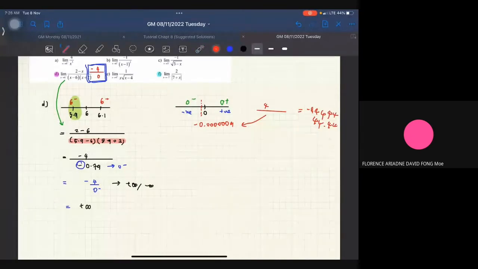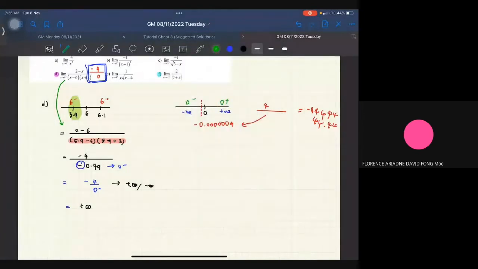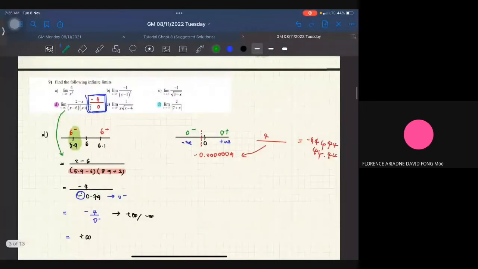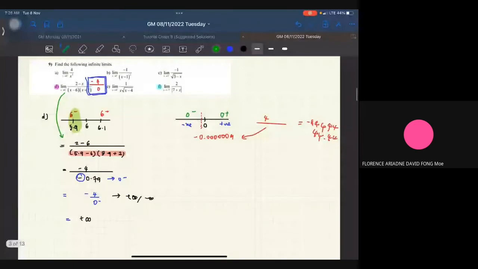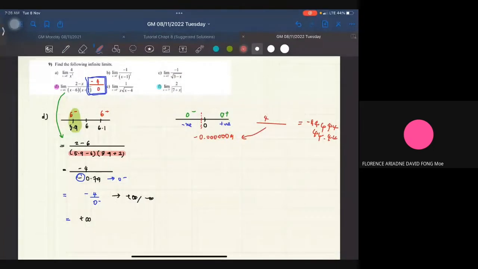Okay, so tapi ada satu benda yang awak kena ingat kalau untuk infinite limits. So daripada this line sampai bawah ni, this two line awak tak boleh includekan dia dalam awak punya working solution. So this one dengan this one, it cannot be included in your working solution.